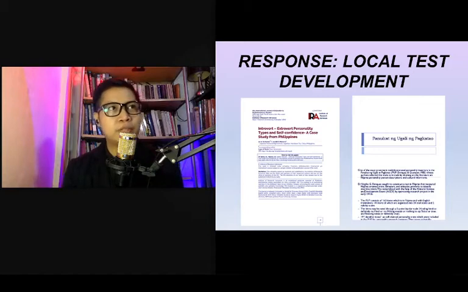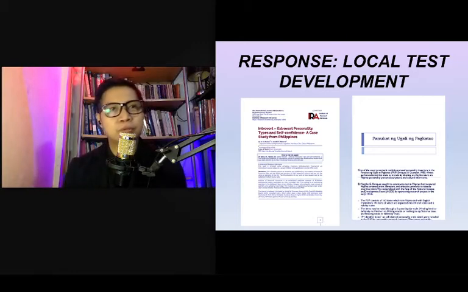Pero ang problema dyan, meron tayong konsepto ng Filipino personality. Ibig sabihin, meron tayong unique features of personality that only exist within the Filipino culture. So nagkakaroon ngayon tayo ng problema if we use foreign tests that don't even acknowledge the existence of Filipino personality, tapos gagamitin mo yon sa ating local context to measure personality.